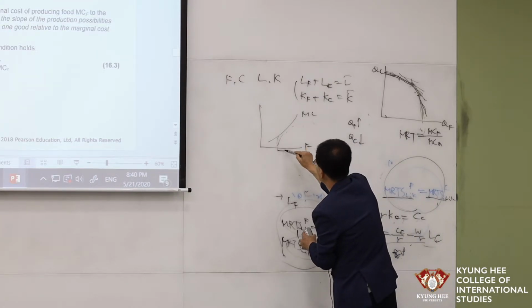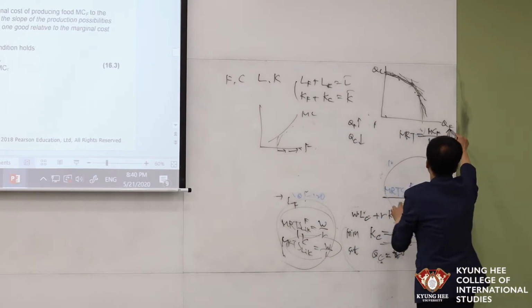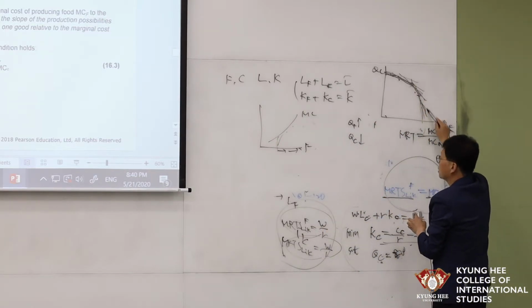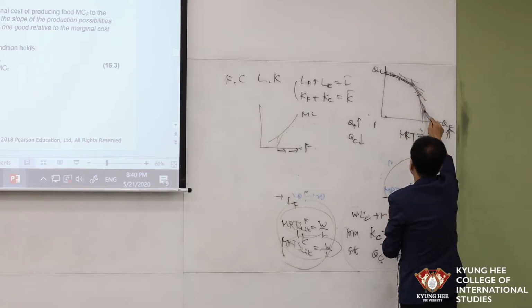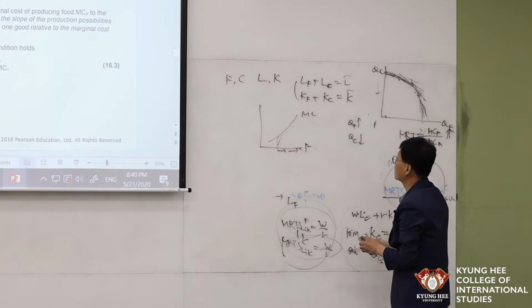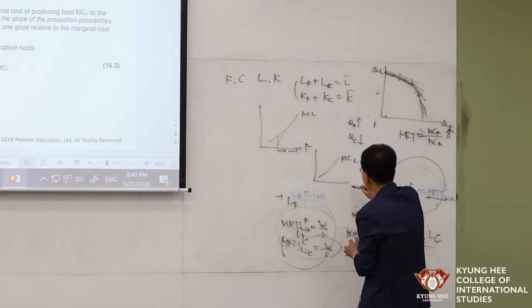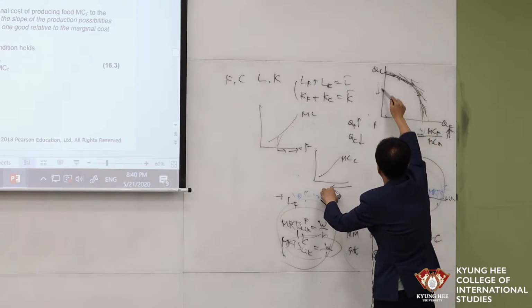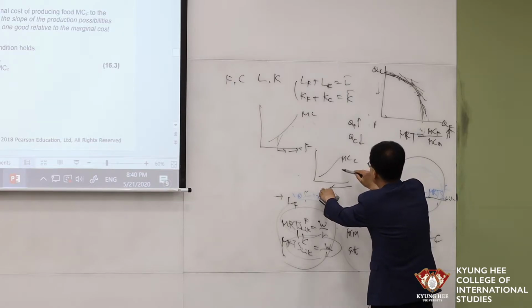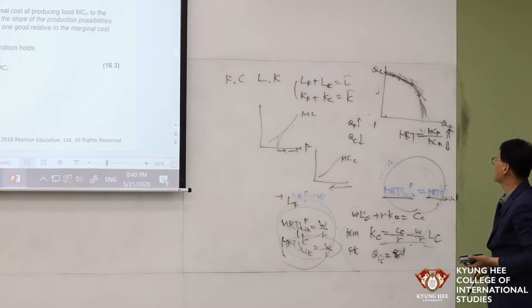Moving from here to here to here, the marginal cost of food increases and increases and increases. Movement from here to here means production of clothing decreases and decreases. That is the marginal cost of clothing. As clothing production decreases and decreases, what happens? The marginal cost of clothing decreases and decreases.